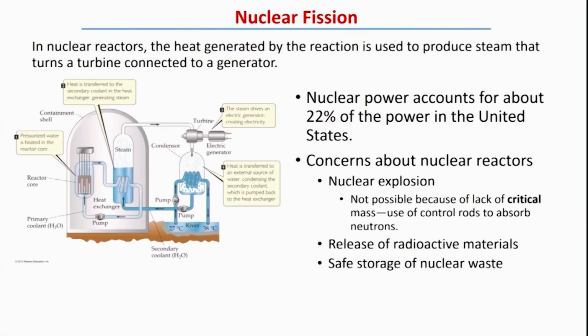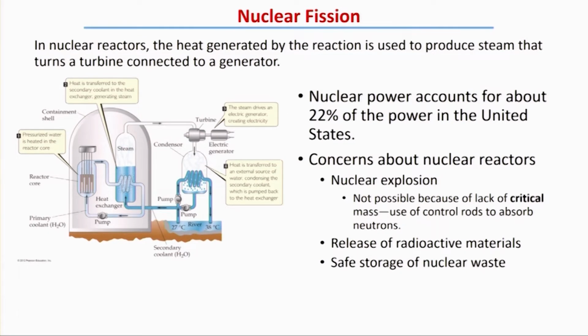Let's look a little more at the nuclear power part here. So here's a nuclear reactor. You will have heat that is generated. This releases a lot of energy in the form of heat, and this then heats up water to make steam, and that steam, just like we've seen with other ways of generating electricity, turns the turbine, which then generates electricity for you.